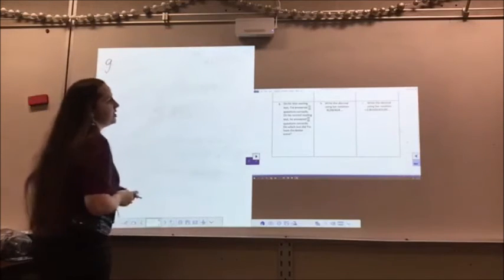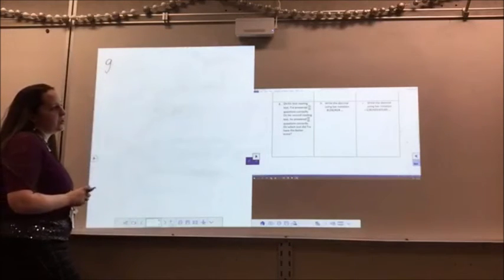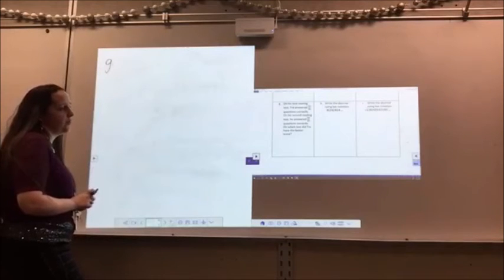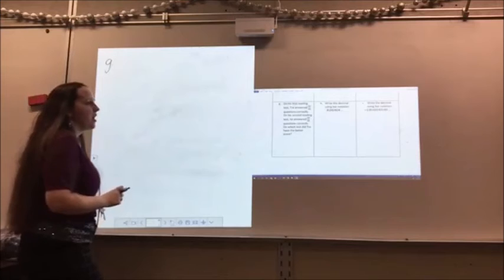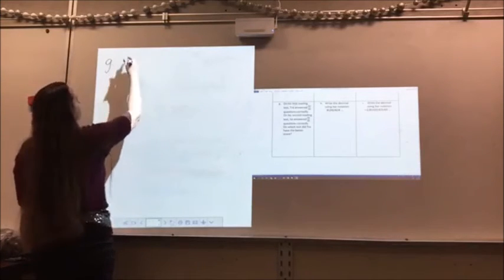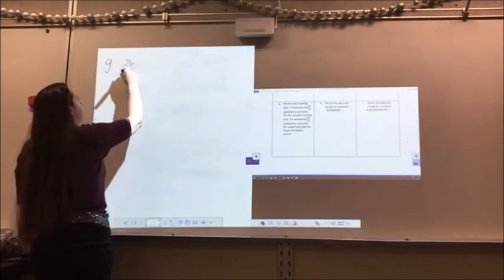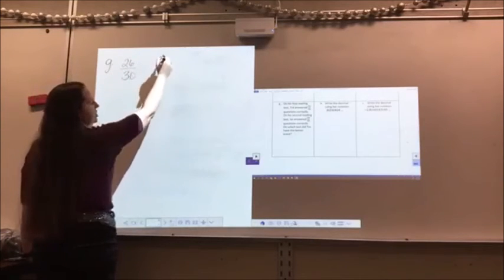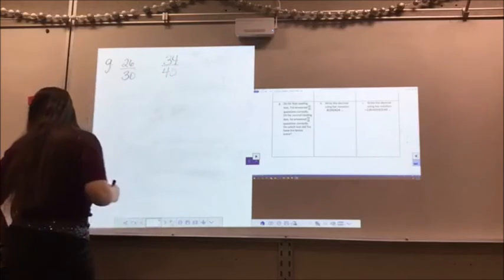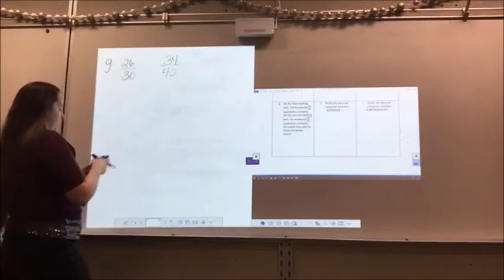Alright, for letter G, on his first reading test, Trey answered 26 out of 30 questions correctly. On his second reading test, he answered 34 out of 40 questions correctly. On which test did Trey have the better score? So I'm looking at 26 over 30 and comparing that to 34 over 40. Okay? So you can either multiply them through or find the decimal.